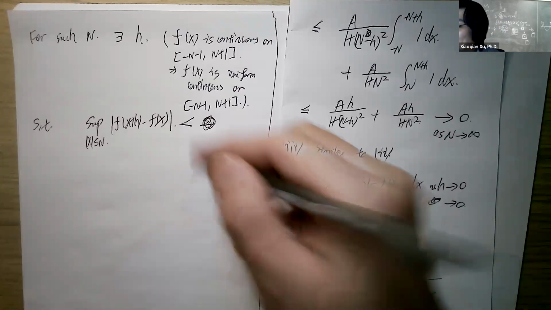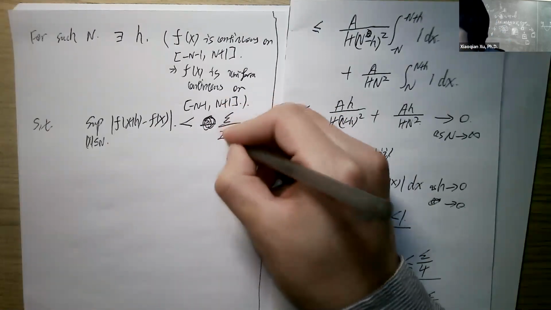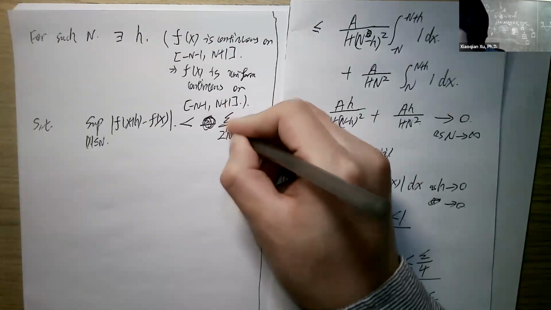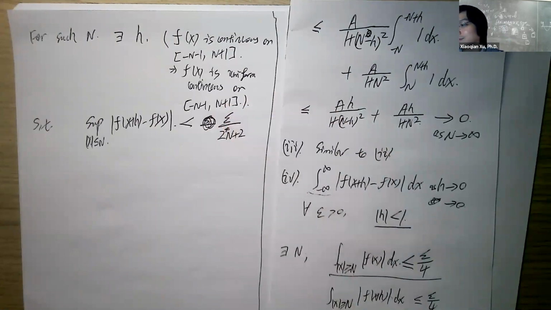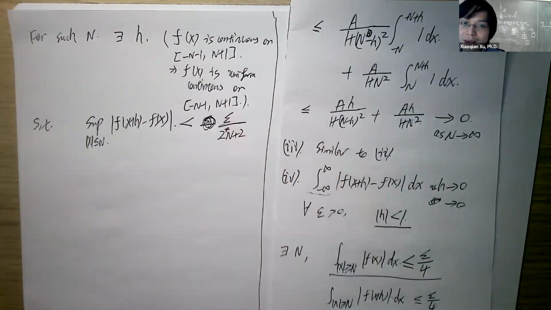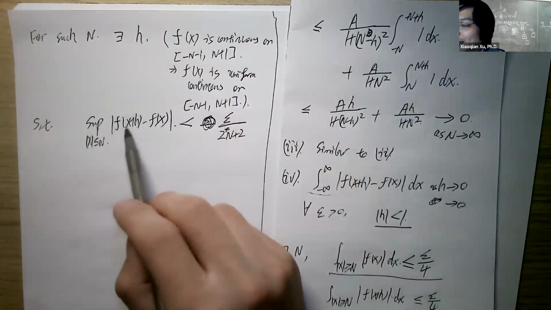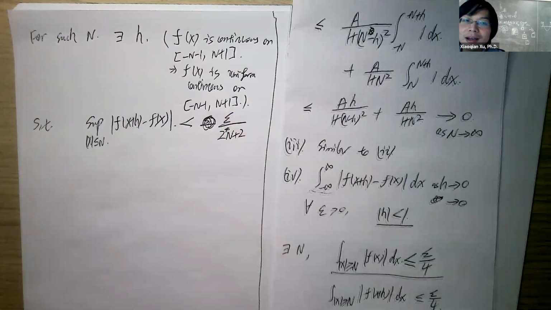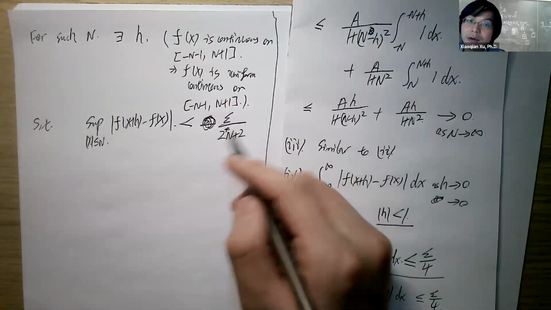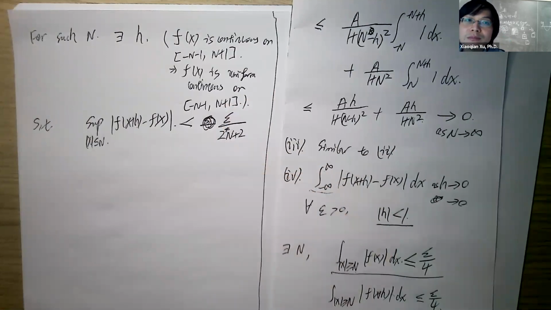Let's say it's less than epsilon over 2n plus 2. n is a fixed number, and of course we can choose h small enough such that |f(x+h) minus f(x)| is always less than or equal to epsilon over 2n plus 2.